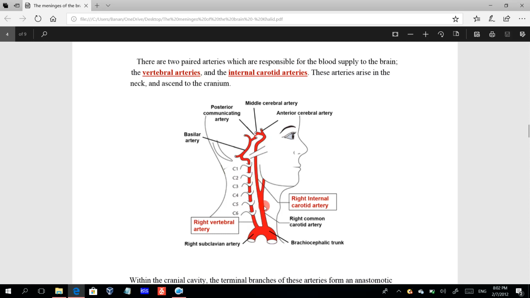On the right side, it arises from the brachiocephalic trunk. Here it divides into external and internal carotid arteries, and the internal carotid passes to the middle cranial fossa through the carotid canal, as I will show you in the next pictures.